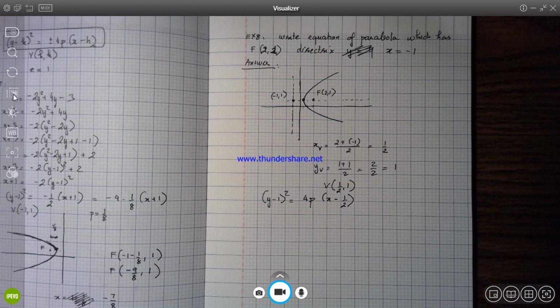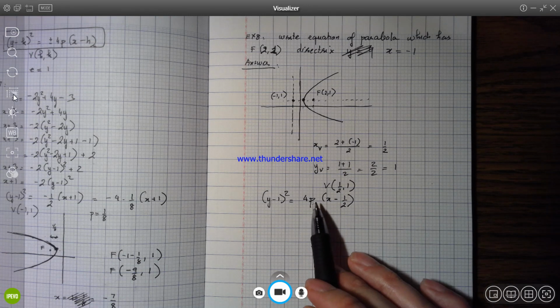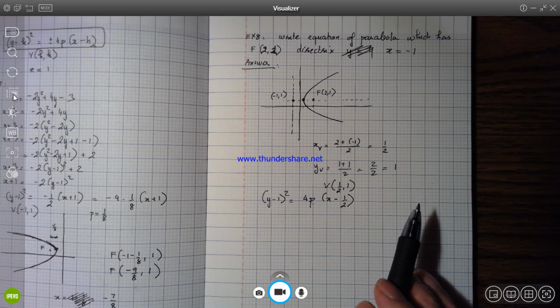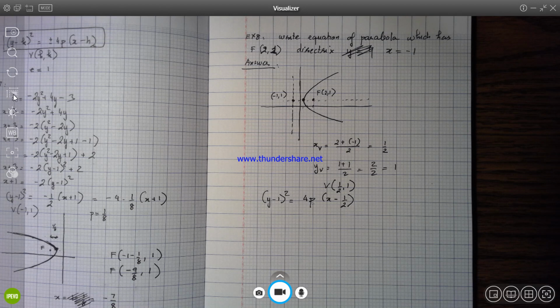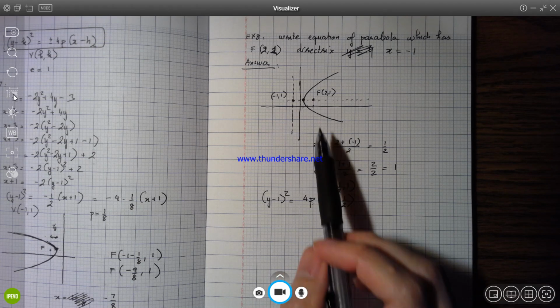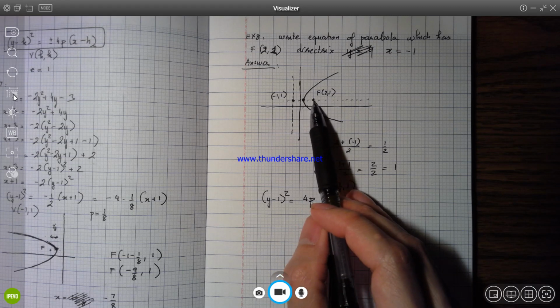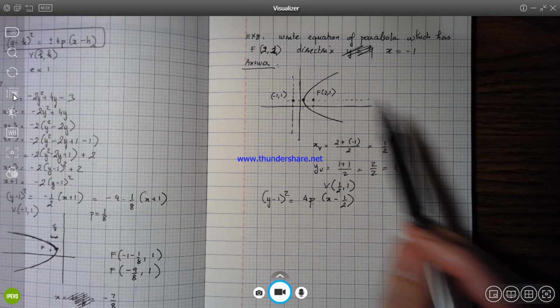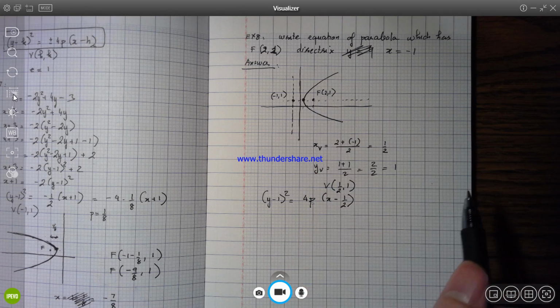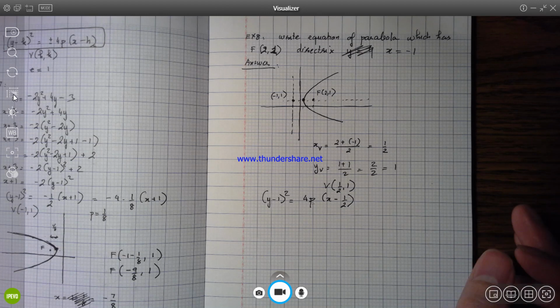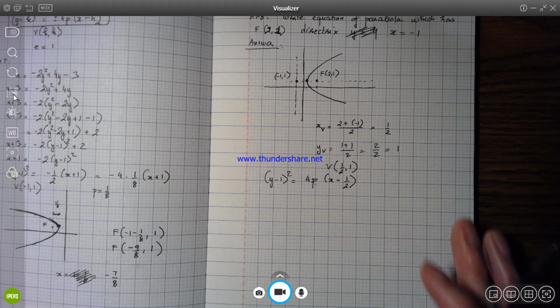Our job is to find p. So what is p? P is the distance between the vertex and F, so I can find it by using the distance formula.